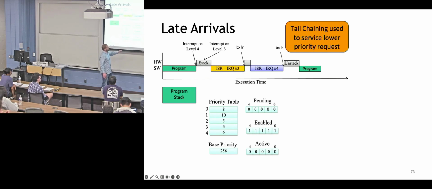I guess we have to check to see which ones are read-write. But the priorities table you can. I think you can write to pending and enabled. I don't know if you can write to active or not. I think you can write to pending, and then you could force an interrupt to occur by writing to pending, and when it got to the priority level that it was able to be serviced, then it would be serviced.